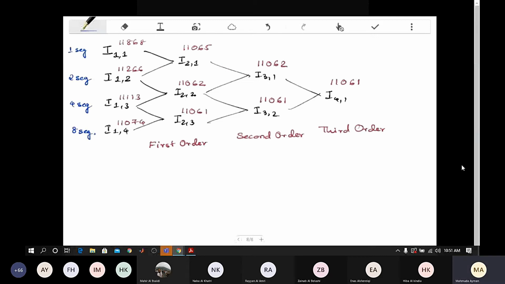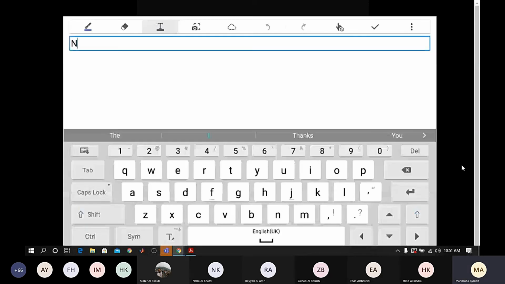Okay, everything is clear. Great. So let's go for numerical differentiation now.